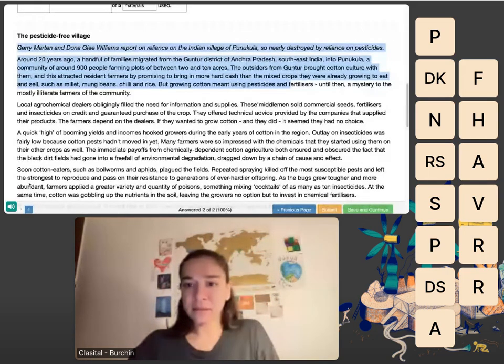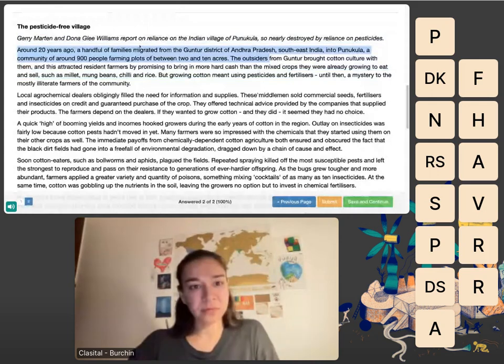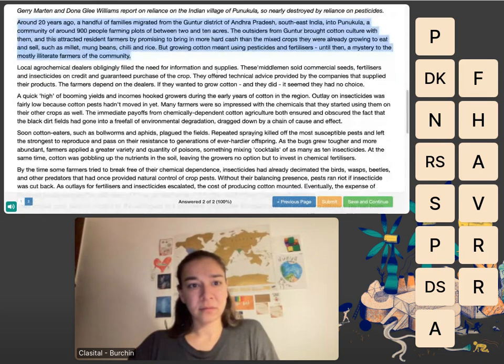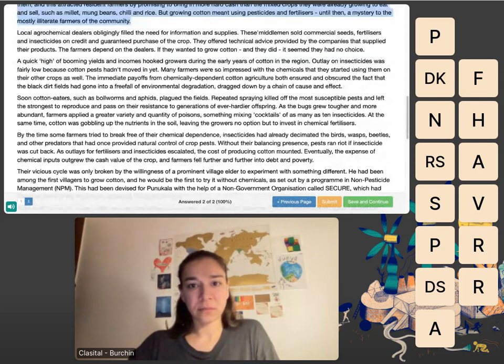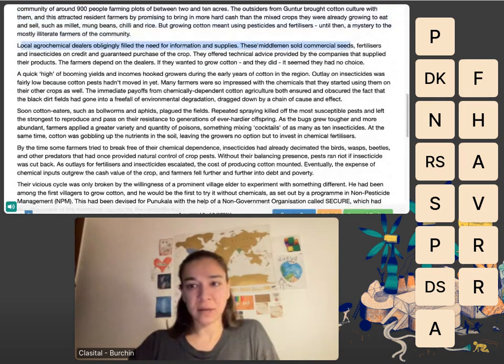They are making cottons, mixed crops. They are selling mugs, chili rice. Okay. Fertilizer.